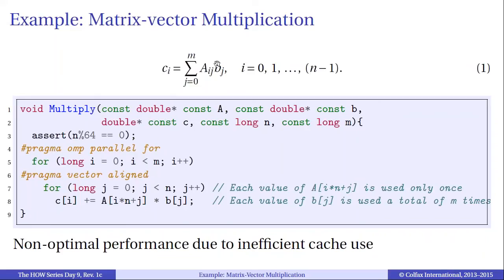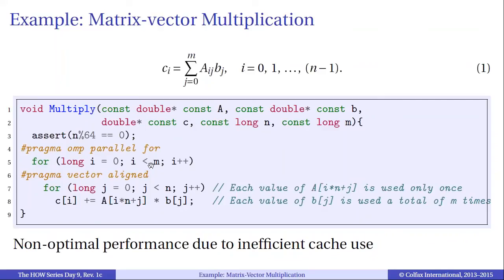This algorithm naturally has loop nesting. So it is straightforward to use two levels of parallel hierarchy in Intel architecture. We can parallelize across cores in the outer loop, and we can parallelize across vector lanes in the inner loop. This should work just fine.